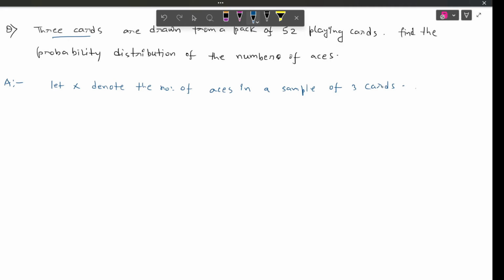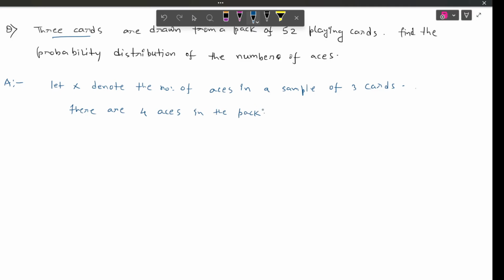And we know there are 4 aces in the pack of 52 cards.